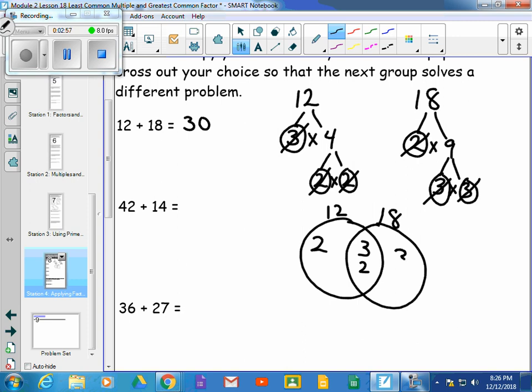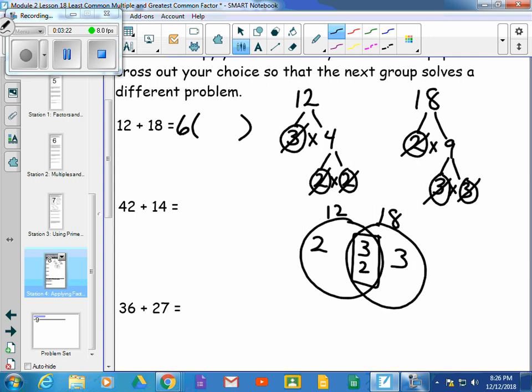And 18 has a 3, but not a 2. And then if I multiply the two prime factors that are shared, I can see that the greatest common factor is 6. So I'm going to rewrite this expression by putting the greatest common factor out front of a set of parentheses.